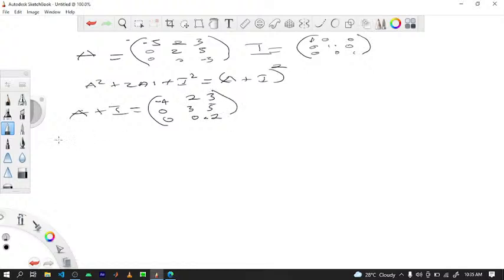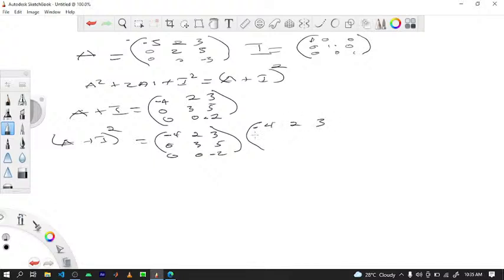And we are supposed to find A plus I all squared, right? So A plus I all squared here is going to give us minus 4, 2, 3, 0, 3, 5, and then 0, 0, minus 2. Now we are multiplying this by itself.